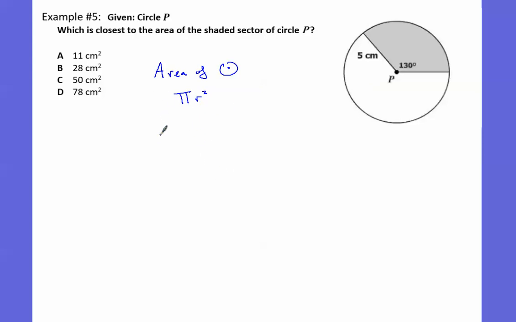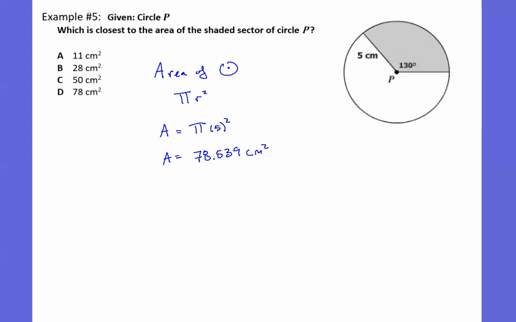So the total area is pi times 5 squared. That gives us an area that is equal to 78.539 centimeters squared, but we don't want that. We only want a portion of it.